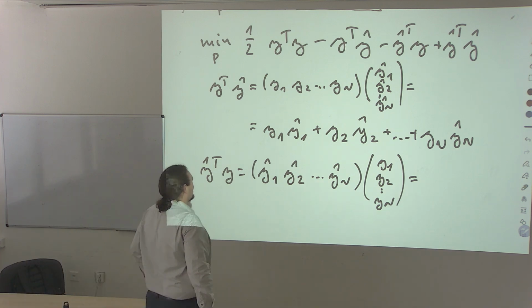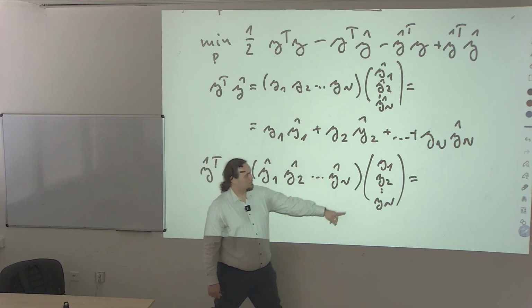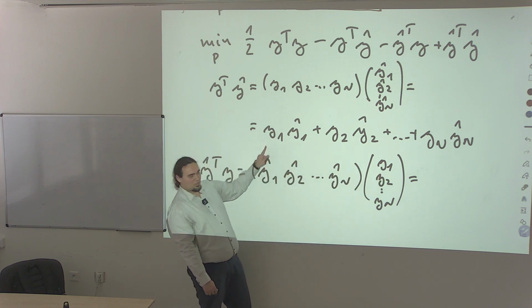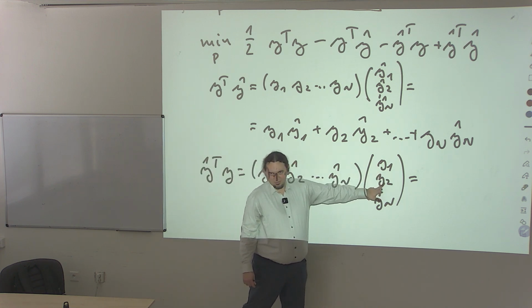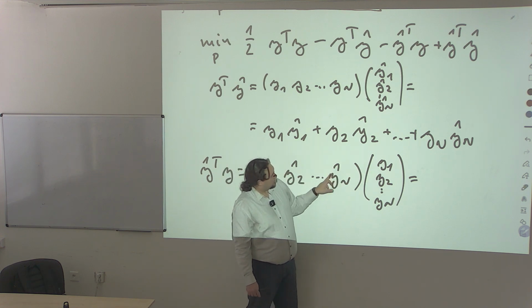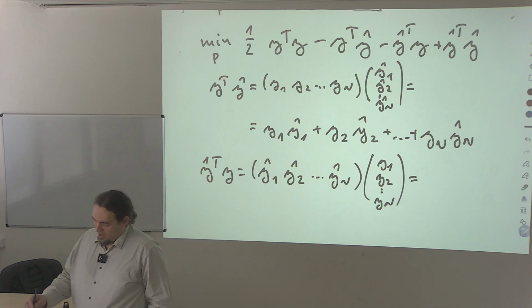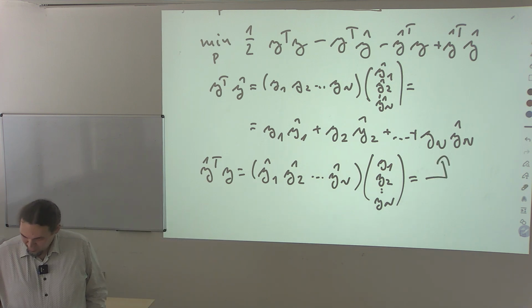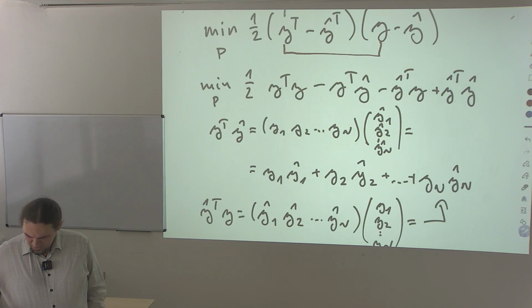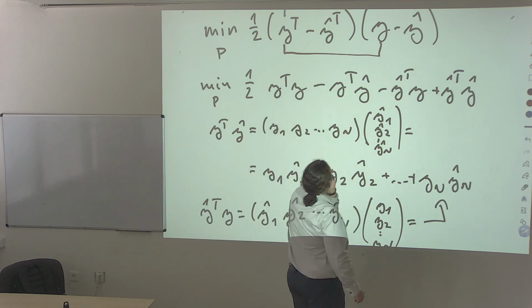What do we get? y hat 1 times y1, y hat 2 times y2, and until y hat n, yn. So they are same but different, but still the same, which means we can group these two guys together.